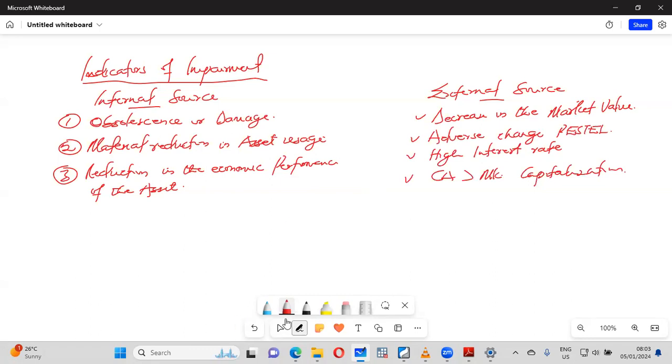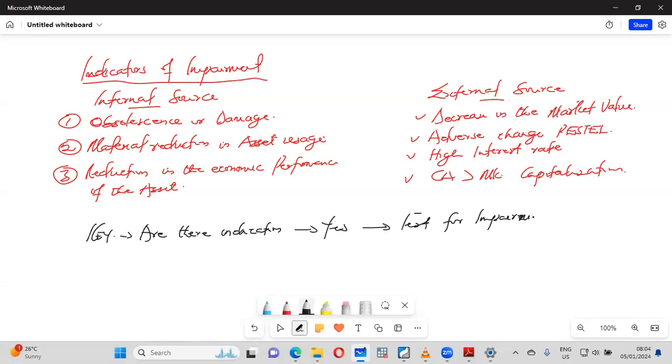So the key is this: are there indications? If your answer is yes, then you test for impairment. If your answer is no, then no testing for impairment.